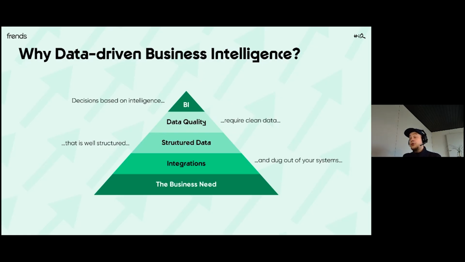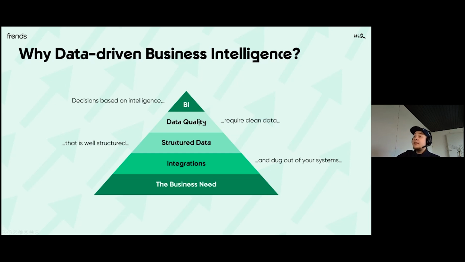In order to do that, you need to have good, clean data, and the data quality needs to be as high as possible. The data also needs to be structured and linked together with other aspects of the data in order for us to provide that intelligence in the business intelligence concept.